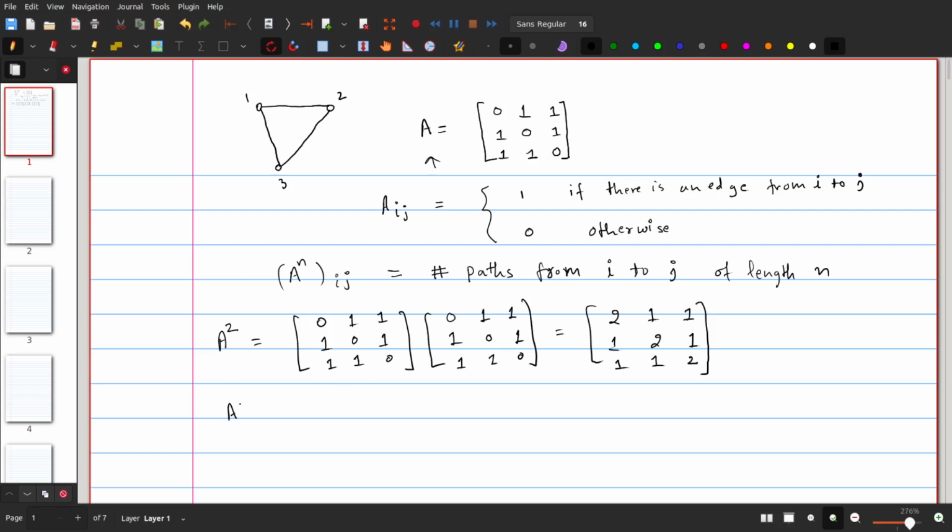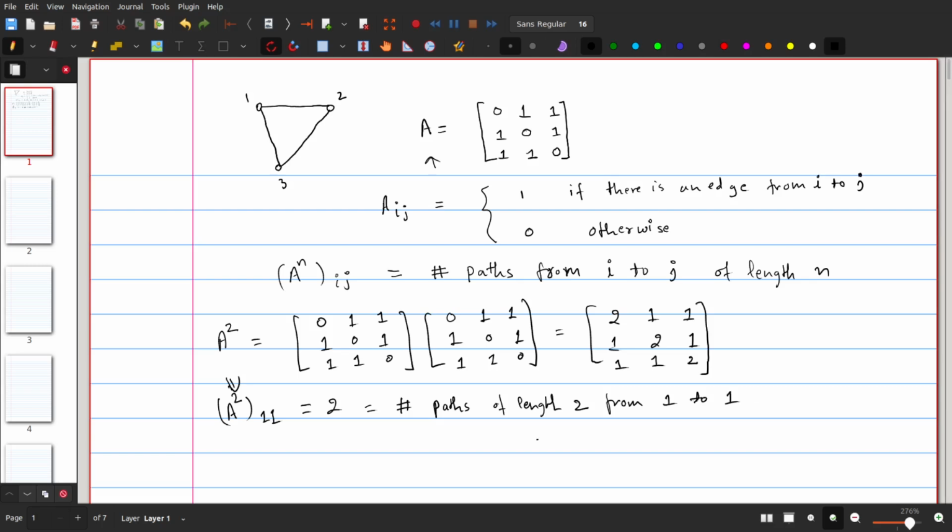If we look at the element at position 1,1 in A squared, then this is equal to 2, which means that this is the number of paths of length 2, because we are considering the second power. So the number of paths of length 2 from 1 to itself.